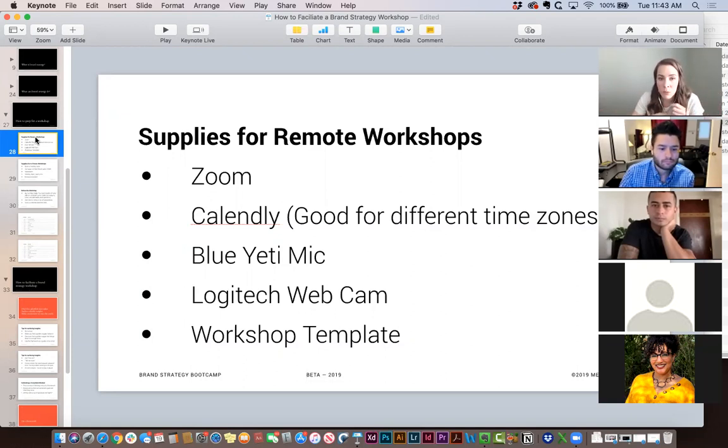So I wanted to give you some remote tools that I use. I use Zoom, just like we're on a call right now. If there are 2 clients or 2 people on their side, it works fine. If there are more than 2 people on the client side in the meeting, that would be a lot.